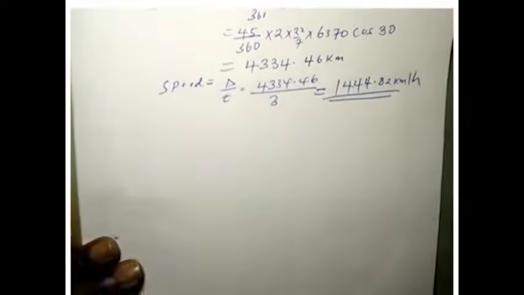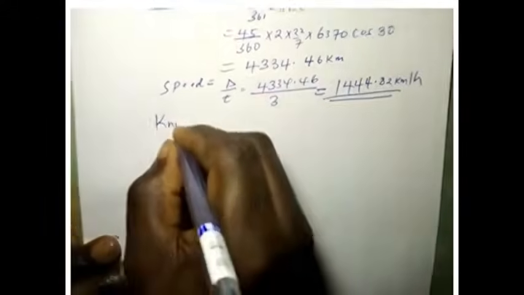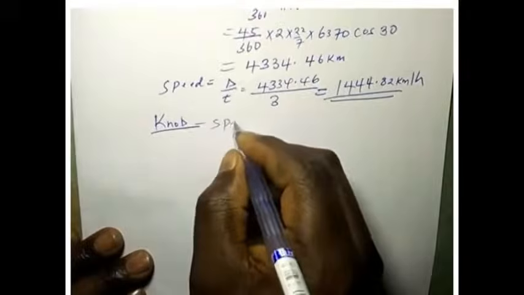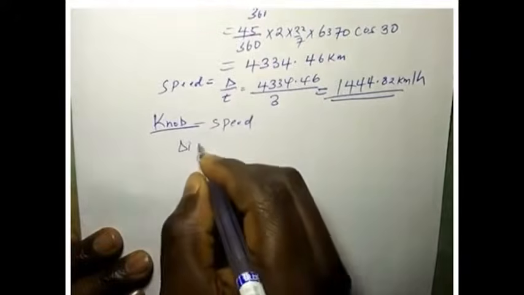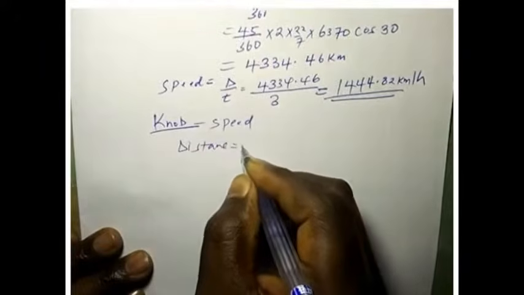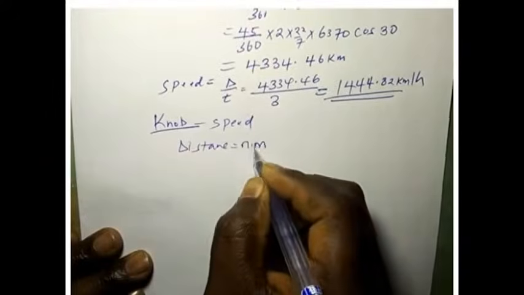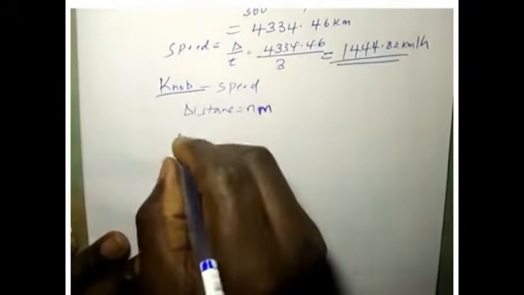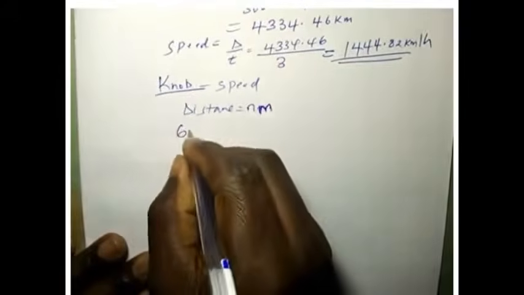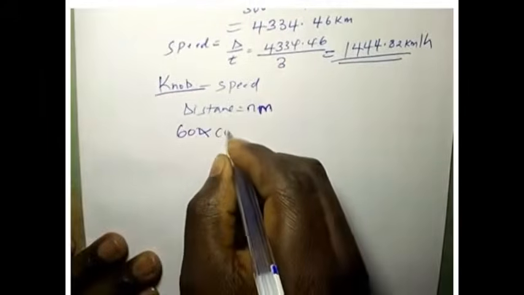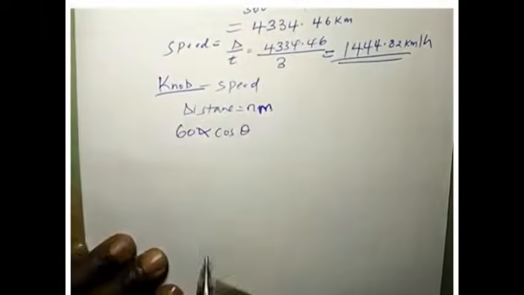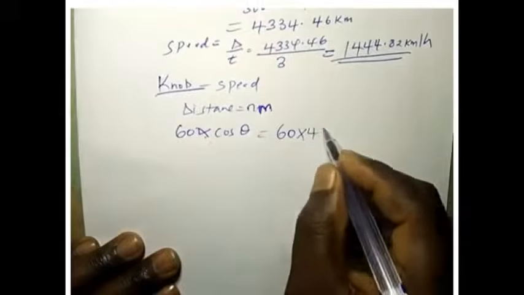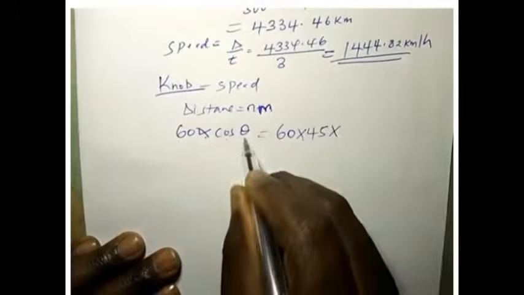Part B, we are supposed to calculate in knots. For you to calculate the speed in knots, we must have distance in nautical miles. We know distance in nautical miles is given by 60 alpha cos theta. We have 60, which is a constant, times alpha, which is 45, times cos 30.